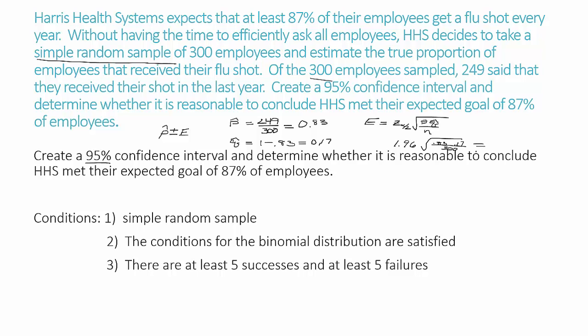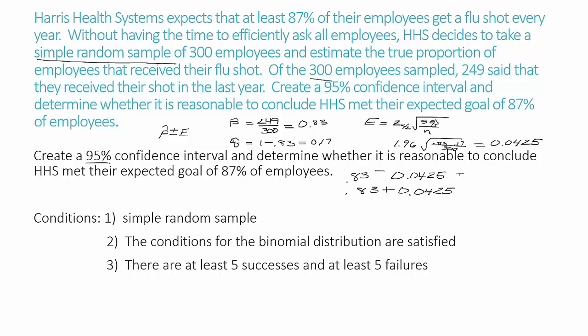I'm going to do that calculation on my calculator, and I get 0.0425. So in order to find the confidence interval, I'm going to take my point estimate of 0.83 and add this and subtract this. So 0.83 subtract 0.0425 first for the lower limit, and then I'll take 0.83 and add 0.0425.